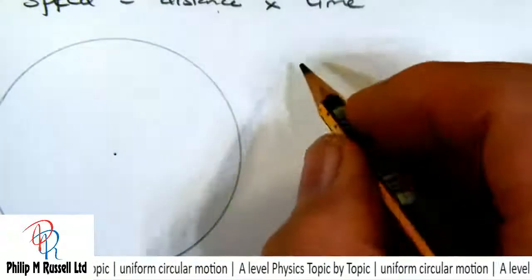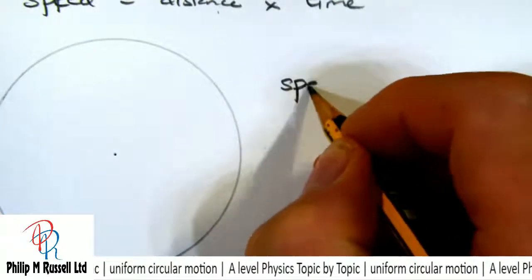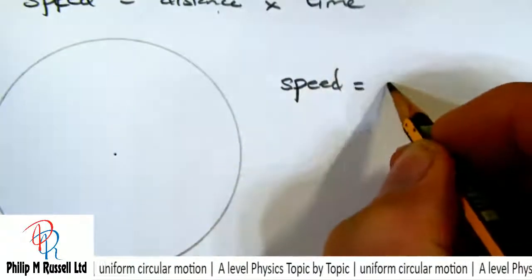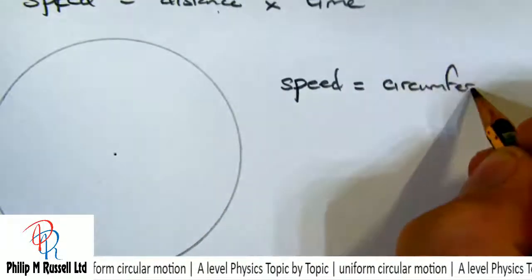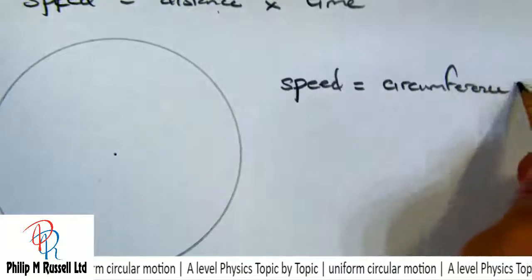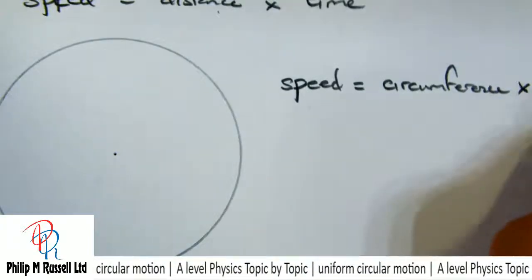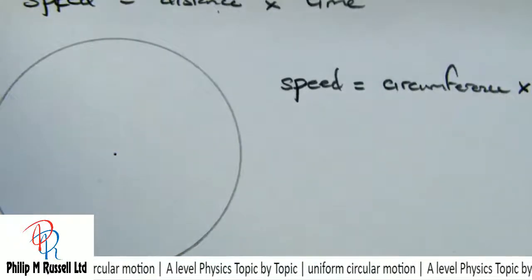Well, my distance is the circumference, so we can think of my speed equaling my circumference divided by the time taken.